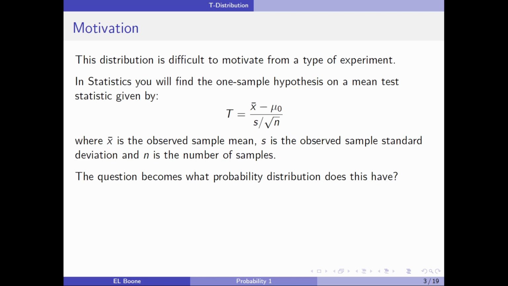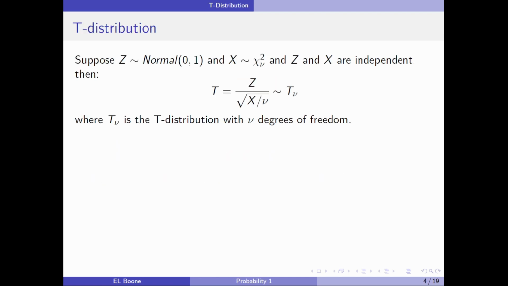And here, x bar is the observed sample mean, s is the observed sample standard deviation, and n is the number of samples. The question is, do we know what probability distribution this thing has? Because if we do, then we can use that to match it up against real data and the theoretical answers that we get from probability and see whether they agree or not.